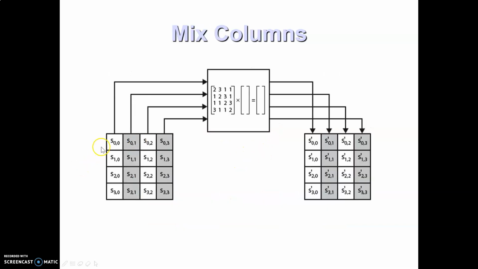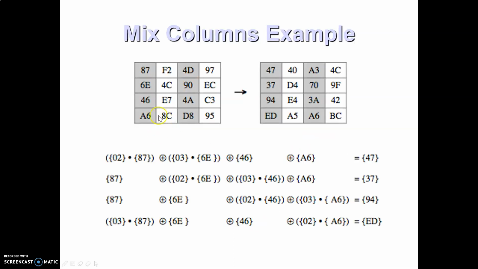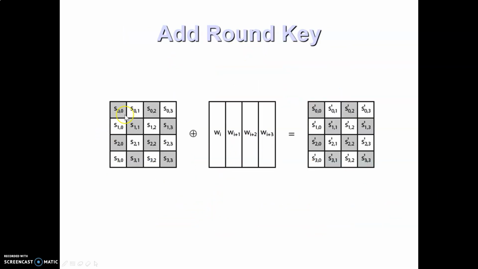For MixColumns, every column is going to be multiplied with this standard matrix, and this is the result that we are going to get. This is an example again of MixColumns. And finally, in AddRoundKey, every column of this state is going to be XORed with this round key value that we have with us.